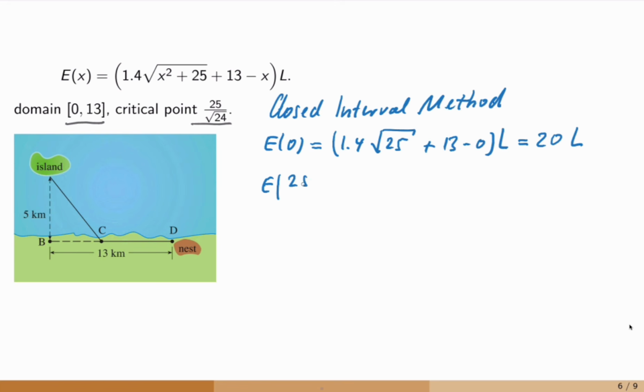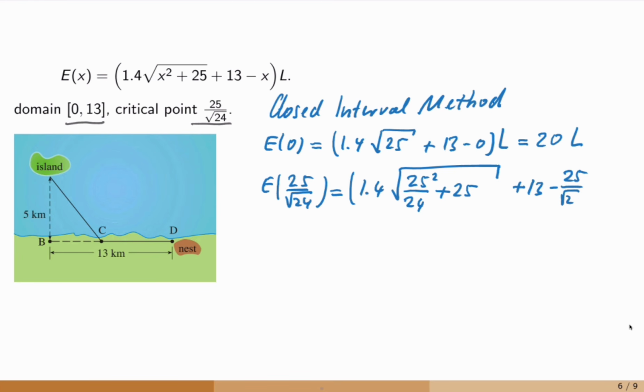At the critical point, 25 divided by root of 24, we get 1.4 times the root of 25 squared divided by 24 plus 25, and then plus 13 minus 25 over root 24, and this times L. If you figure this out, this is about 15.0 times L. And then finally, the last point is the boundary point 13.